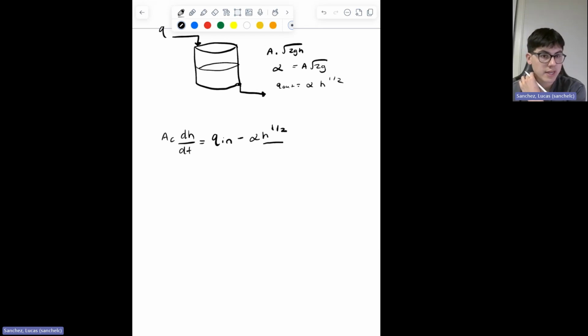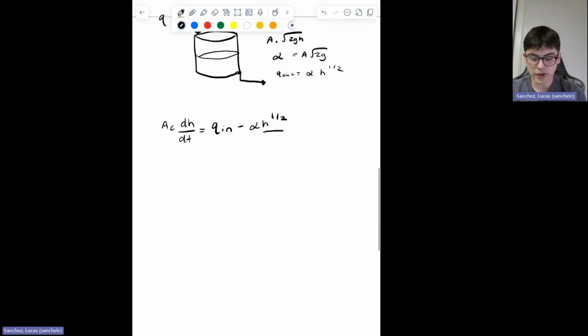We're going to use a Taylor series expansion about the initial steady state value of h bar, and that'll give us a linear expression in terms of the deviation variables, which we can then use with Laplace transforms to obtain the transfer function we're looking for. So let's go ahead and do so.